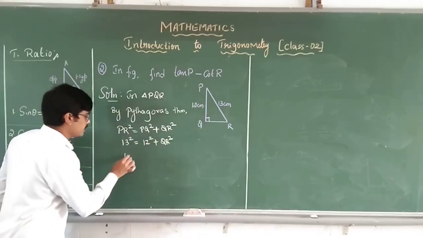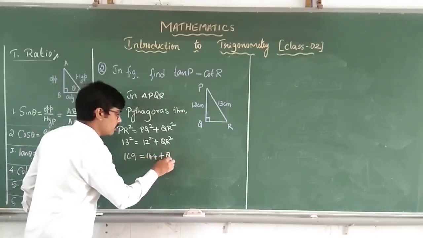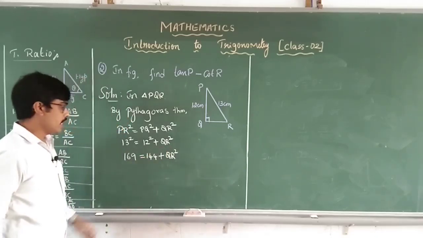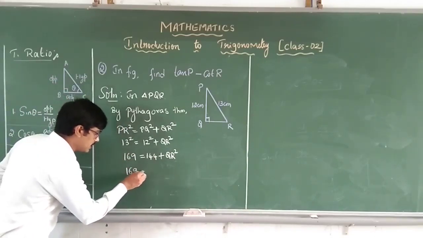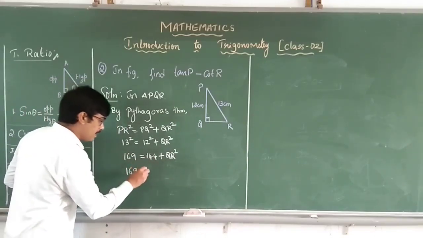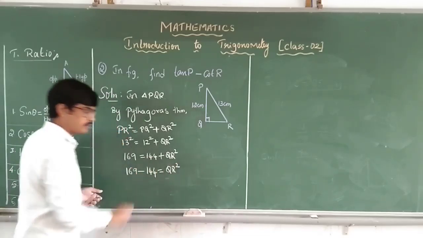So 13 square is 169, equal to 144 plus QR square. Now take that 144 to the left hand side, the sign changes and it becomes minus 144, that is equal to QR square.